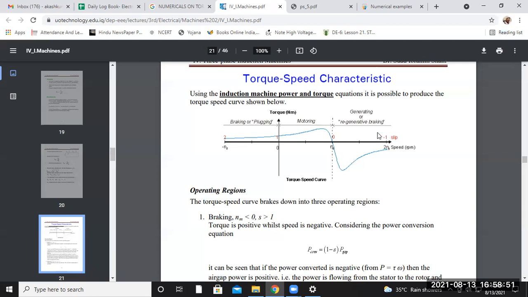That represents negative slip, with the rotor speed higher than the synchronous speed, which is for generating. So this is the curve that represents motoring, regenerative braking or generating, and plugging or braking of the induction machine.